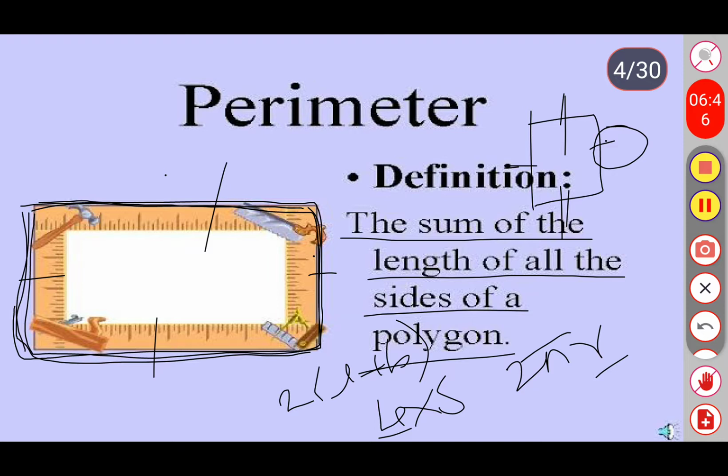Whether the polygon is a triangle or rectangle or pentagon, hexagon, whatever it may be, we need to add the total sum of all the side lengths. Okay, so this is the perimeter.